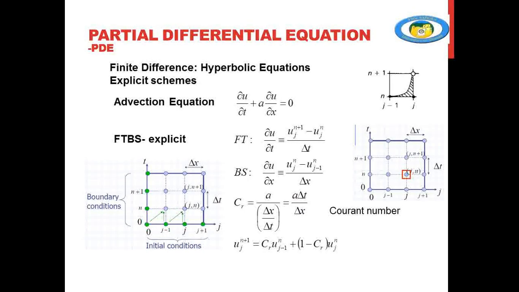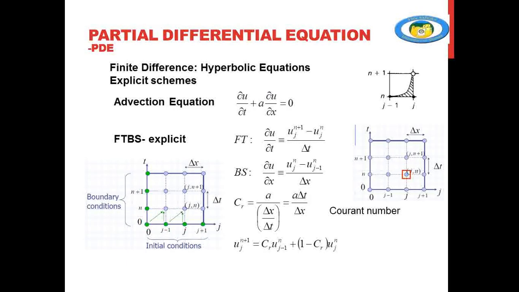At those 2 points, we have tried to find out the value at the n plus 1's time, but at the j's spatial scale. So you can see the stencil of the finite difference scheme here. This is an explicit scheme. Now we'll talk about its convergence and the stability in the next chapter.